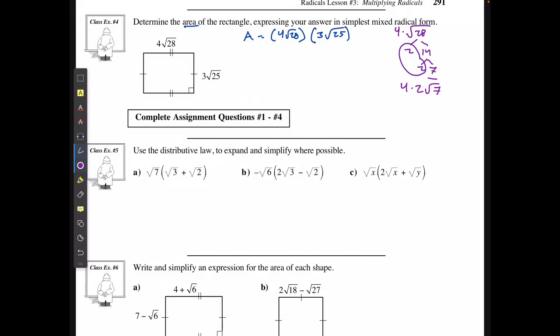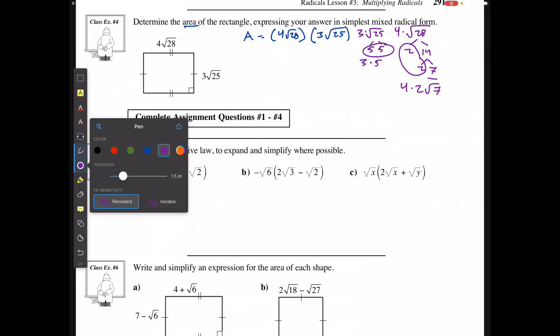If I have the square root of 25, that's just 5 and 5. So this one would just be 3 times 5, because I just have the single pair.